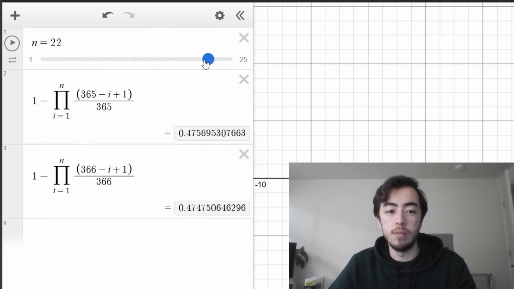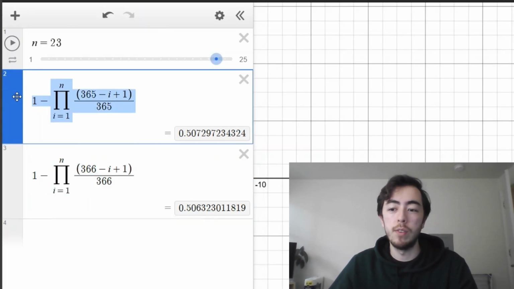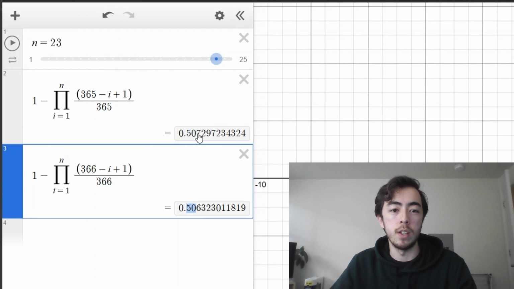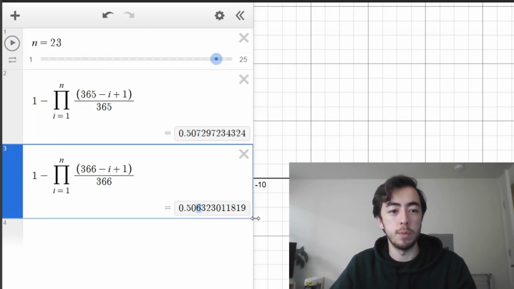And then it is definitely below 50% when n is equal to 22. So the real life changes due to different probability distributions and leap days or not doesn't really seem to affect the outcome, where it's still hovering just over 50%. And then it doesn't seem like we can really get this thousands place to move in a way that we would get something below 50%.